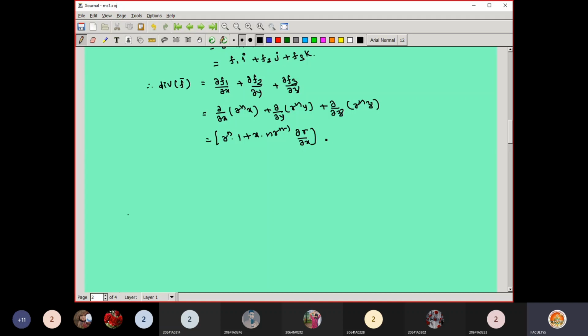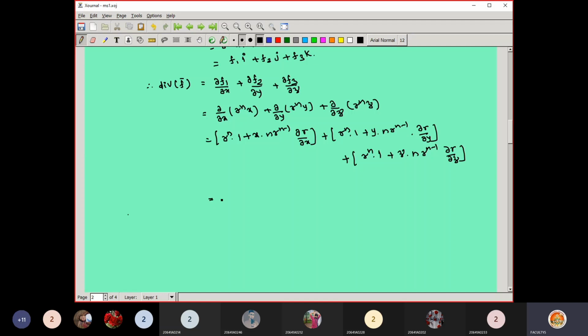Similarly for the second one, r power n times the derivative of y, which is 1, plus y times n r power n minus 1 into dou r by dou y. And for the third one, r power n times 1 plus z times n r power n minus 1 into dou r by dou z.